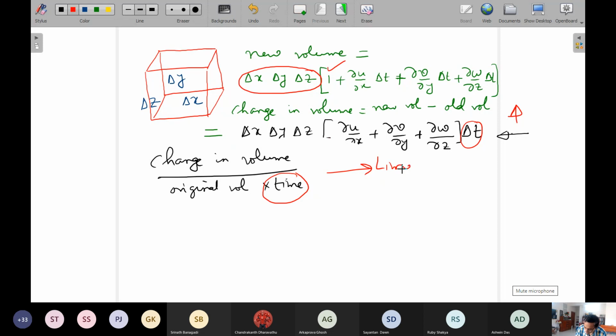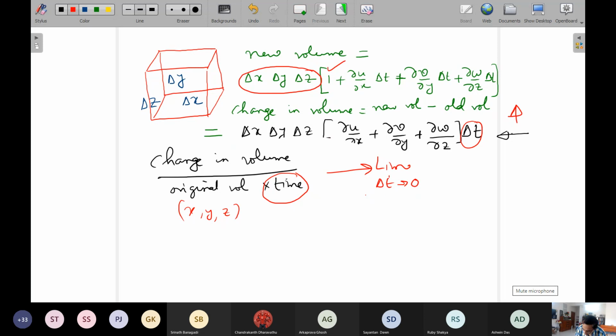That means you take the limit as delta t tends to 0. Normally in junior school level, you do not talk about all this. You just grossly talk about time. But we have to keep in mind that we are actually calculating it instantaneously, that means at that given time, and also at that given location. Because it's an Eulerian description, we are having a location specific and time specific description. So location also we have to fix.